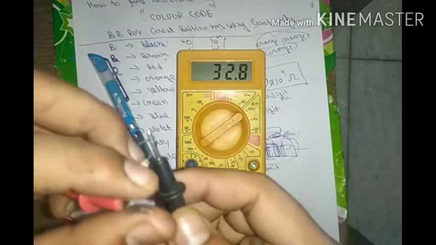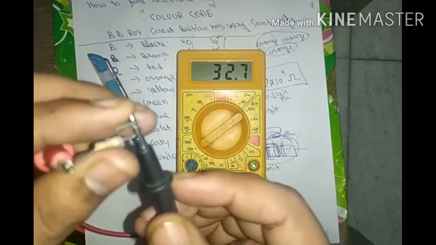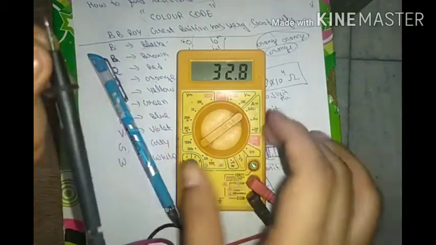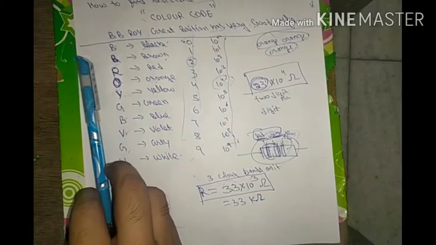So the answer comes out to be correct. Color codes are very important, and with the help of the color code we can easily measure the resistance. Now let's start with another resistor. I will show you one more resistor.